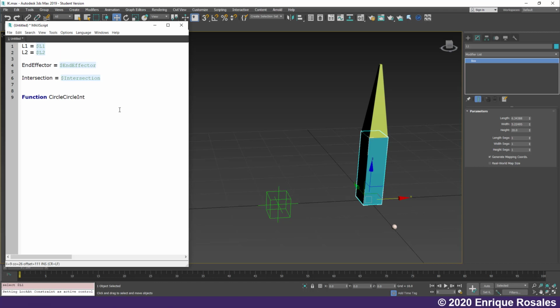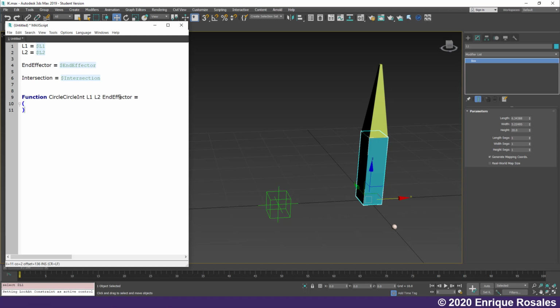But in the end, all the information is already contained in the objects L1 and L2, so I will say that it needs to get L1 and L2, and also the end effector. I need the radius for both circles, and also the origin for both circles. The origin of one of the circles is the origin of the first length, but the origin of the second circle is the end effector, so I also need the end effector. Again, we can use different names, but for now let's use this.